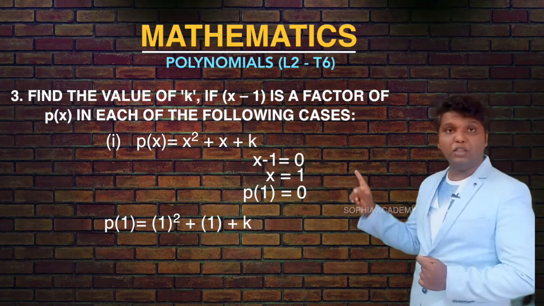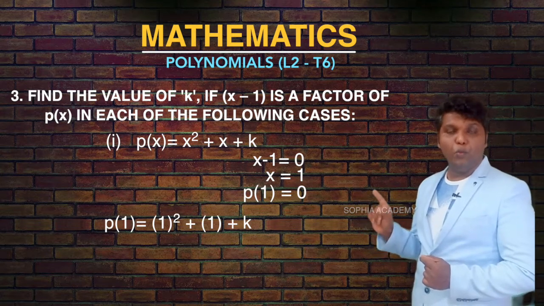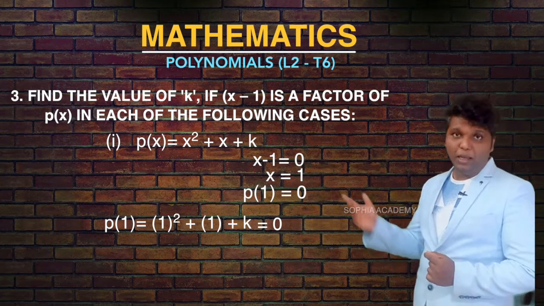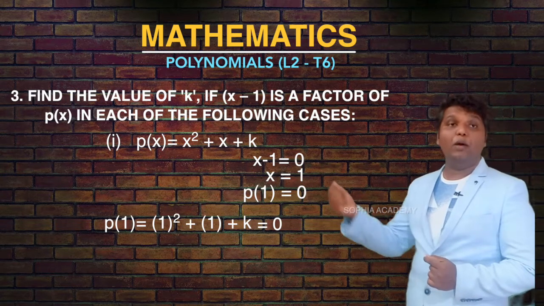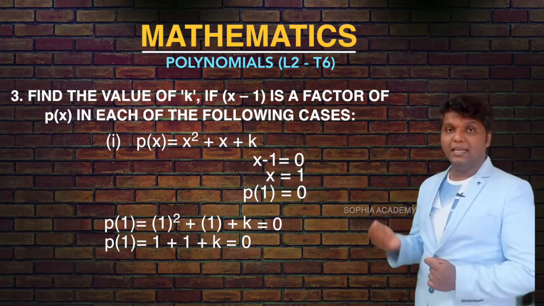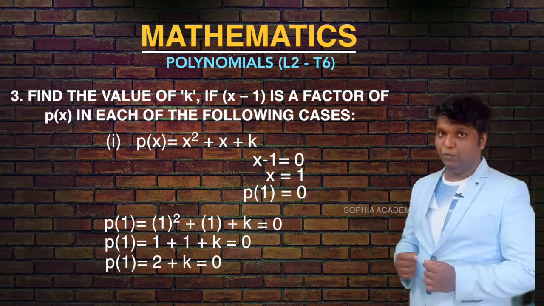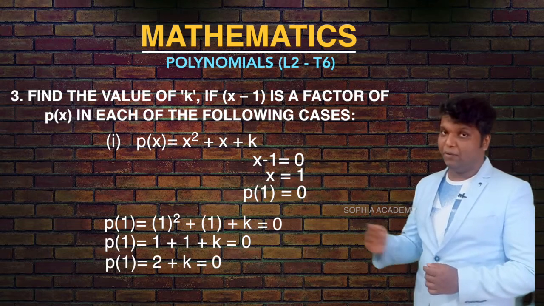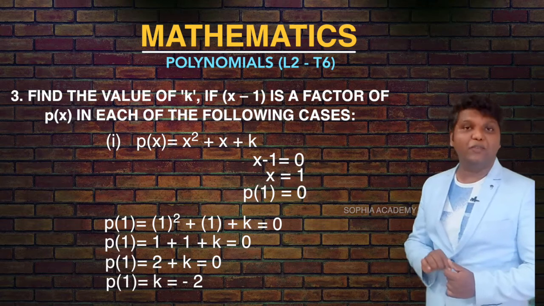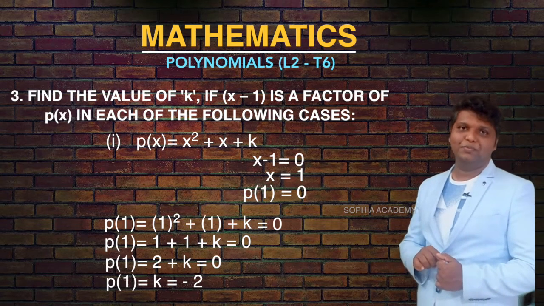So 1 square plus 1 plus k is equal to 0. Now what is 1 square? It is 1 itself. 1 plus 1 plus k is equal to 0. 1 plus 1 is 2. So 2 plus k is equal to 0. Therefore k is equal to, bringing 2 to the other side, minus 2. You got the value of k as minus 2.